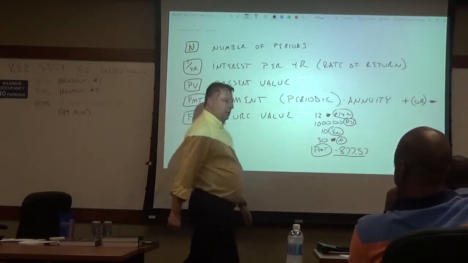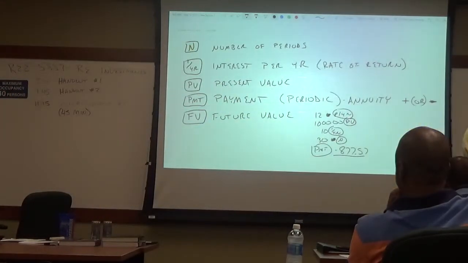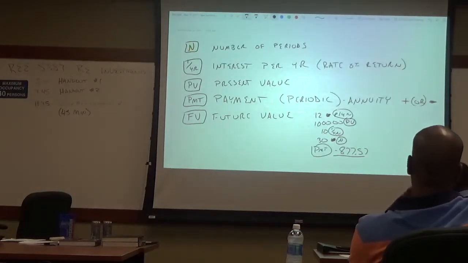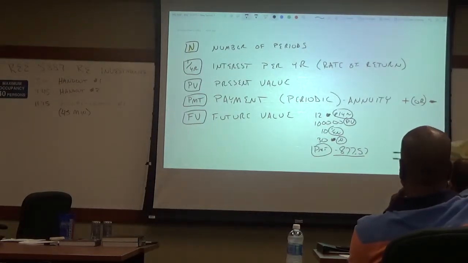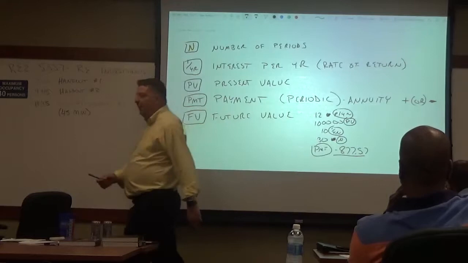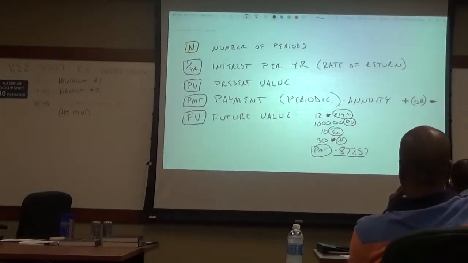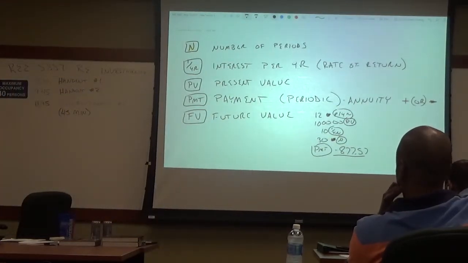You tell me, whose perspective is that from, the borrower or the lender? Borrower. Why? Because they're the ones making the payment. It's negative. Now, this would be the same exact problem, but if we were to do it from the lender's perspective, so this is the borrower.